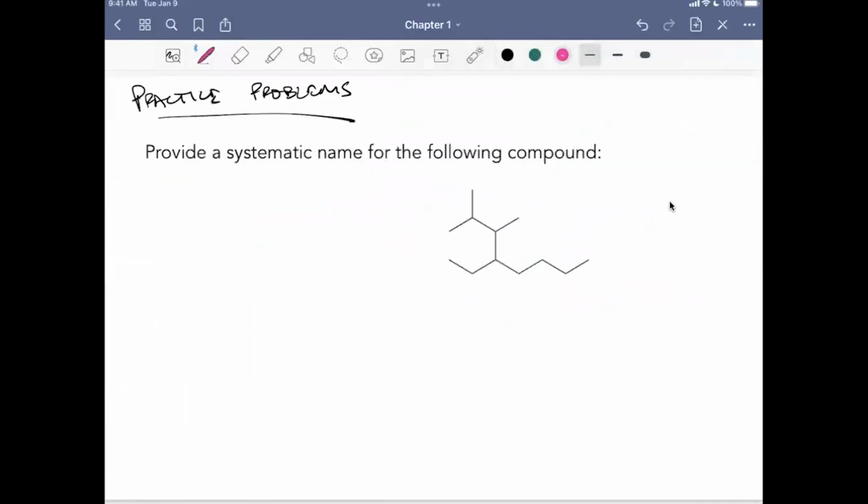All right. So this is the first practice problem that I have here, is to provide the systematic name for the compound. So let's do it. Let's first identify the parent chain. So it looks like I'll start over here. 1, 2, 3, 4, 5, 6, 7. So we have a parent chain that is 7. So that's a heptane. And it looks like we have 3 substituents coming out. So we have 1, 2, 3 substituents.